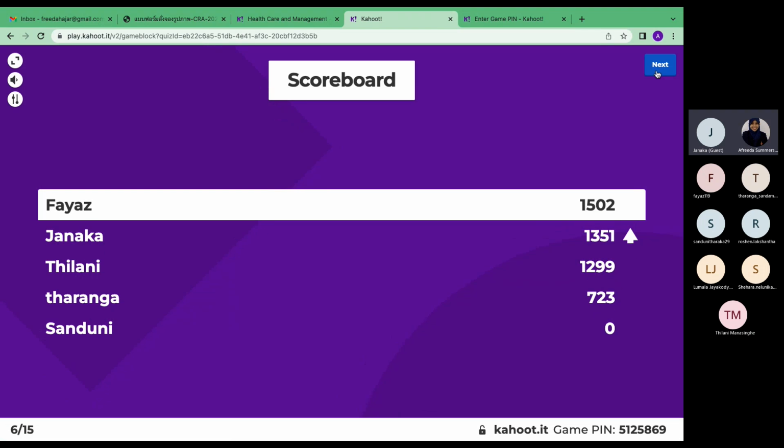So Fayaz, Janaka and Tilani. Leading is Fayaz, second Janaka and third is Tilani. Okay. Good.